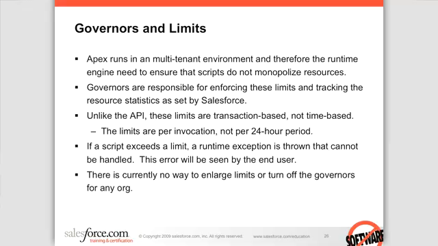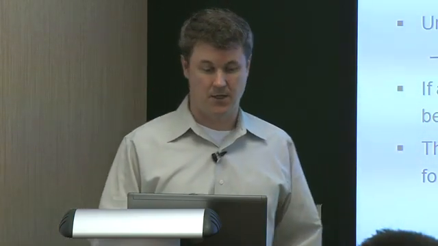If the transaction exceeds the specified limit, a runtime error will be thrown. It's not something that you can catch or recover from, but an error message will be displayed. There's also some Apex warning email functionality associated with the user object, so you'll receive an email if you've enabled that for your account.